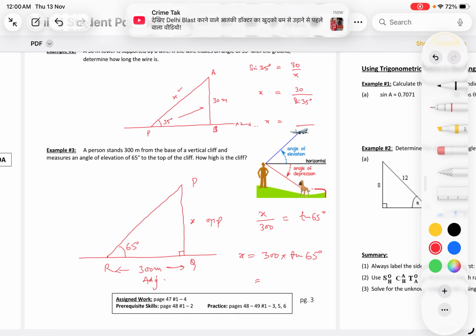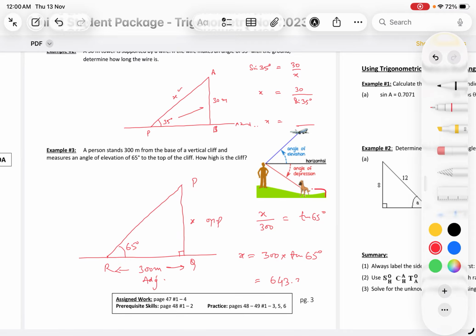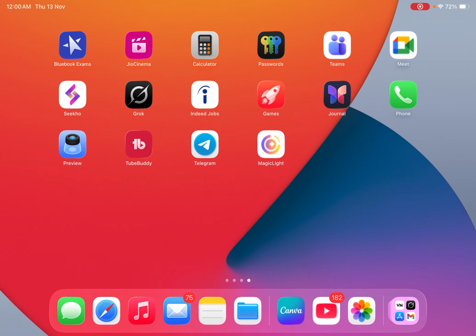Okay, it is 300 times tan 65 degrees. So it is 643.35 meters.